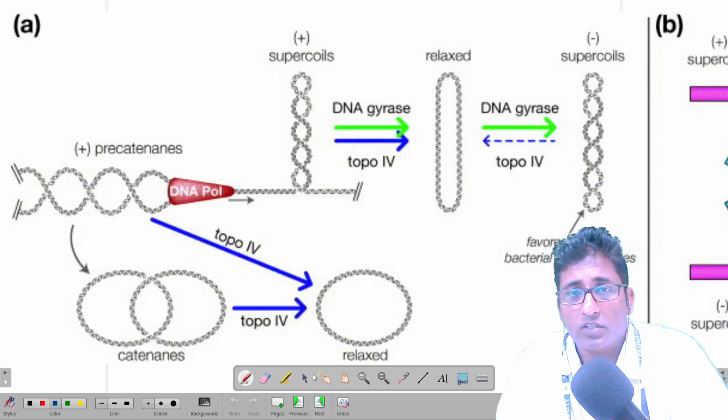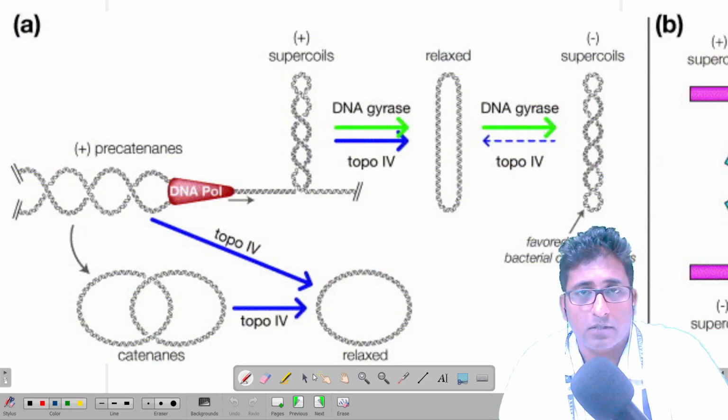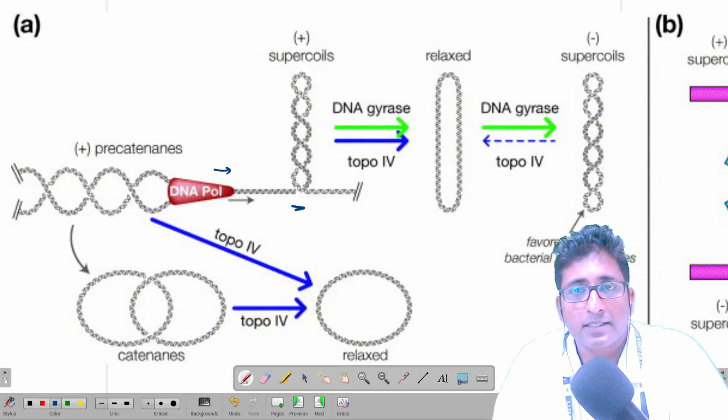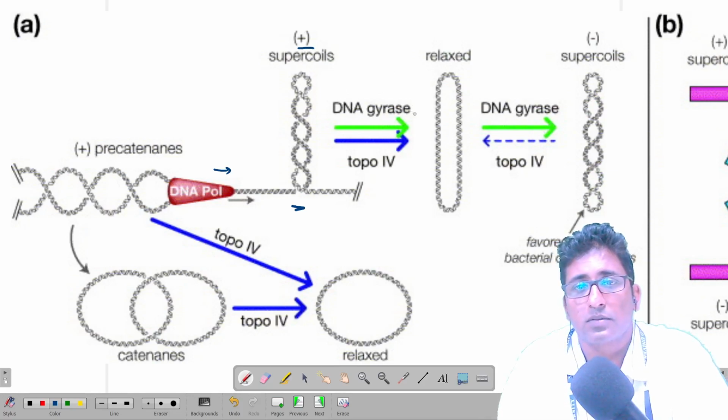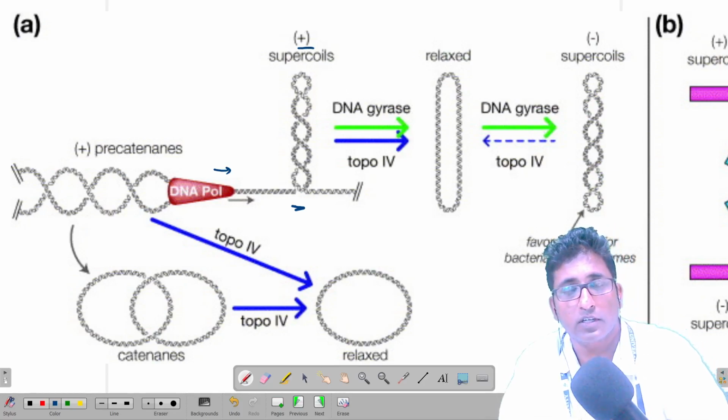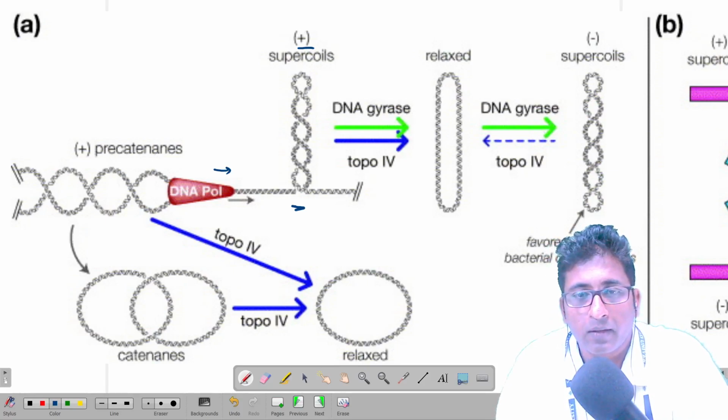So topoisomerases are important for several functions within the cell. During replication, when DNA polymerase is moving, you have supercoils that need to be relaxed, and positive supercoils are relaxed, which means you are actually inducing a kind of negative supercoiling.